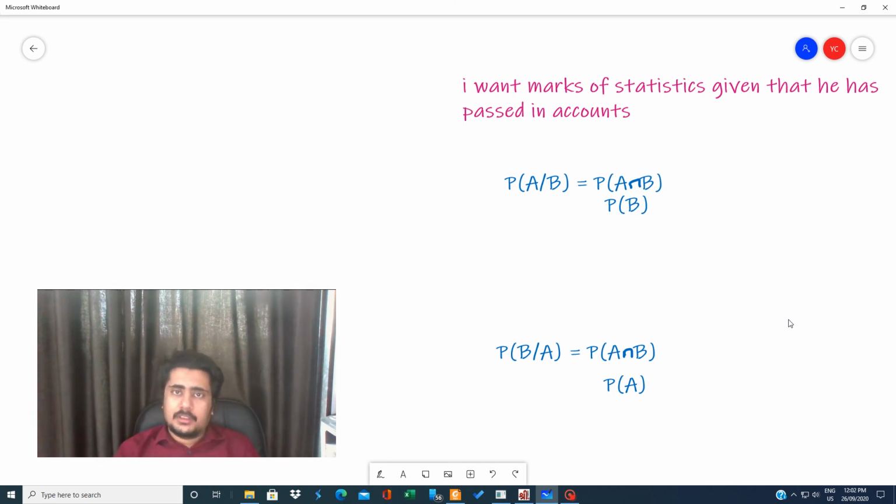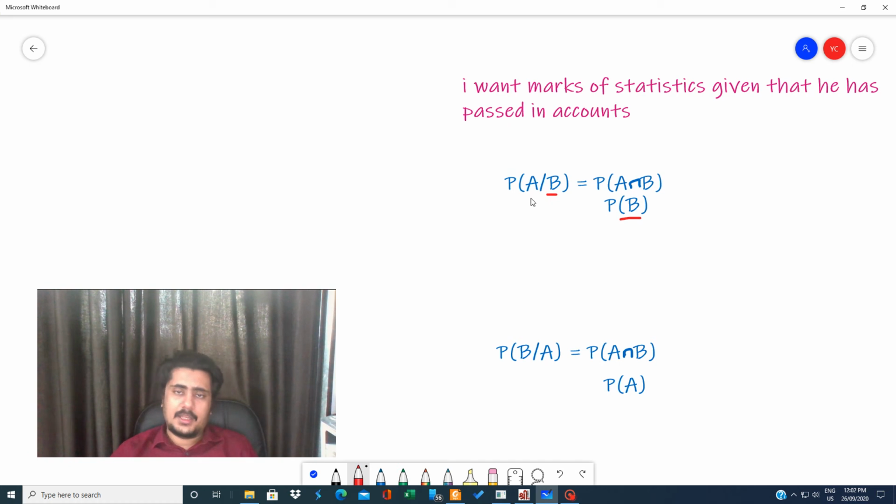First of all, there are two kinds of conditional probability. One is A upon B and one is B upon A. What is the formula of A upon B? It is A intersection B upon B. What is the formula for B upon A? It is A intersection B upon A. So you can see in the formula the numerator is locked. It is A intersection B. The denominator changes. How does the denominator change, sir?